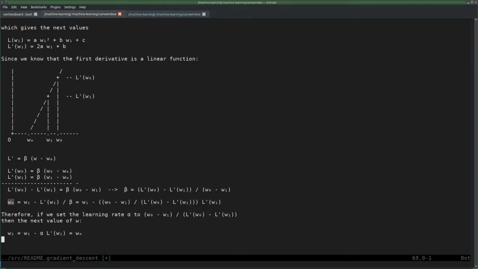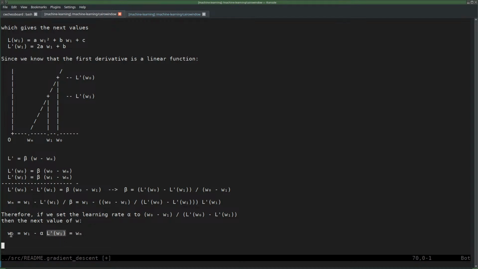Okay, now imagine we continue anyway. What would happen then? I think it doesn't really matter what alpha is, because the next step would be W3 is equal to W2, which is Wm, minus alpha times the derivative at Wm, which is 0.